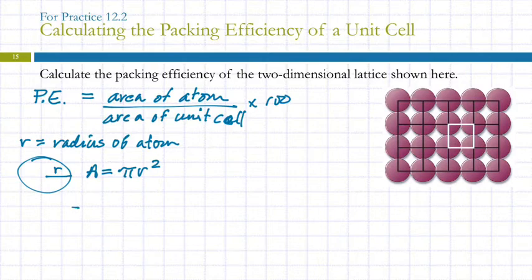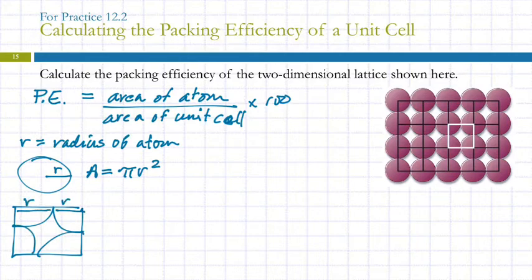And then we've got the unit cell, and this is R, and this is R. So each side is 2R, and what's the area of a square? It's the length times the width, or L squared, right?